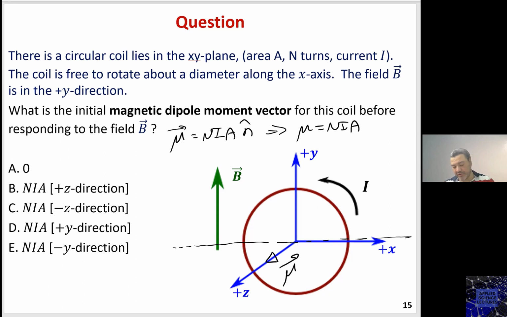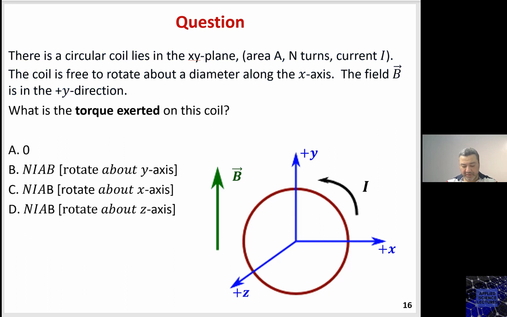So the answer to this would be along the z-axis. Now, what's going to happen? How is it going to respond here? It will rotate to align with the magnetic field.